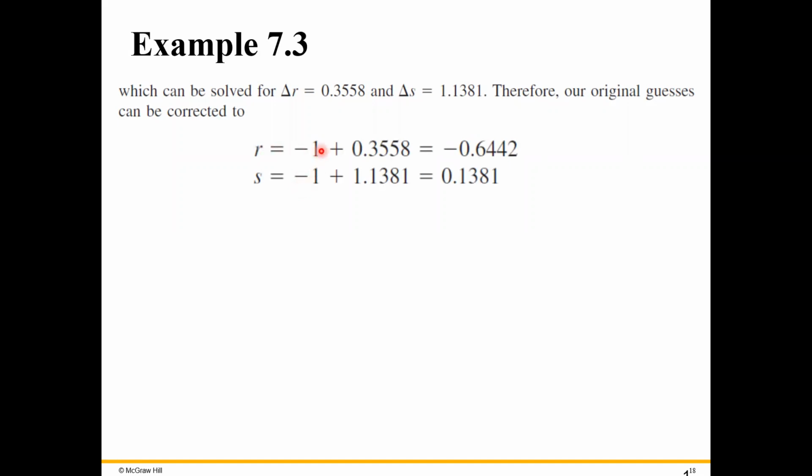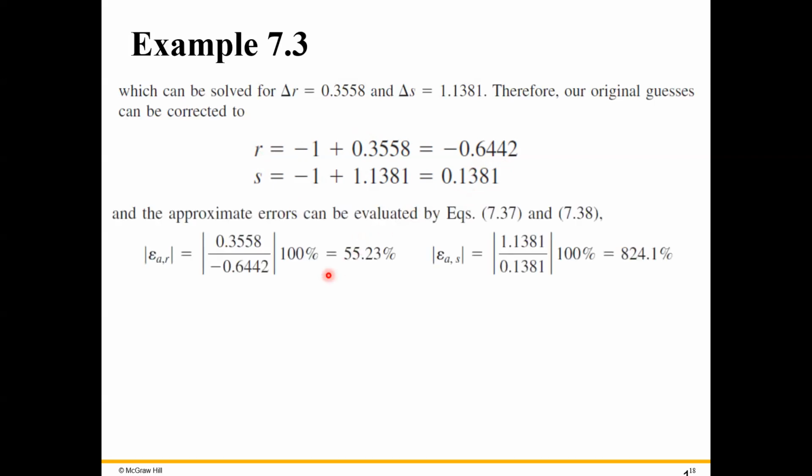So for a more accurate solution, the value of R should be changed by 0.3558, which is given by this value of delta R, and the value of S should be changed by 1.1381, which is given by delta S. So after changing this, the new values of R and S will be -0.6442 and 0.1381.